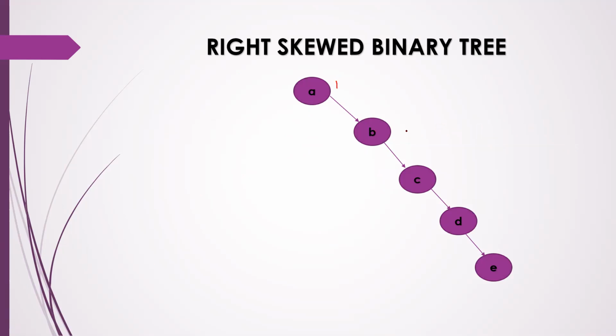Degree of D is here 1. Degree of C is here 1. Degree of D is here 1. E does not have any. So as you can see, everything is skewed on one side. Every degree is 1 because you don't have a left subtree itself. So it is skewed. Skewed means it is biased on one side, partial to one side. So everything is skewed to the right side.